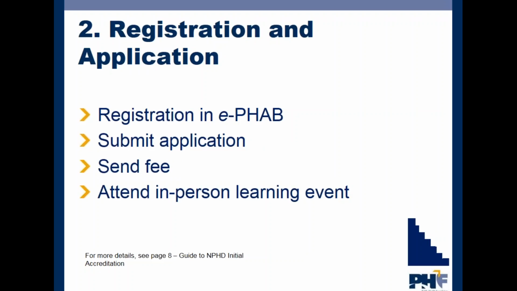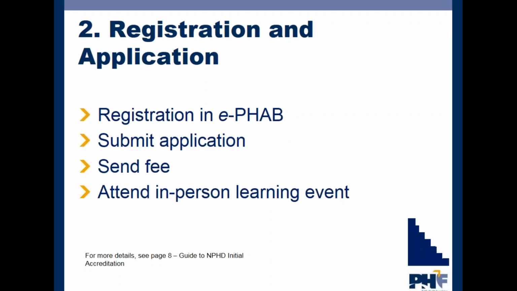And then when that's accepted in the system, they receive access to the application. Once that is submitted, the application is reviewed for completeness, and then it is likewise accepted by the system. Once the application is submitted, the department has committed to the process and is responsible for the full fee, whether they complete the process or not, and regardless of the outcome.